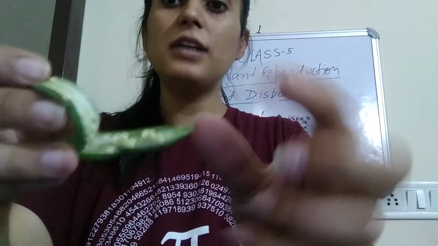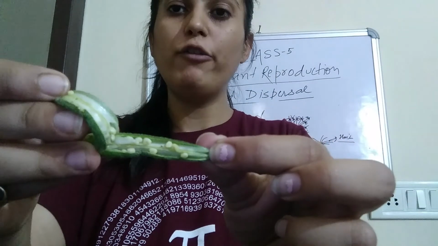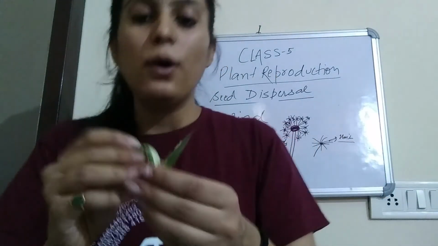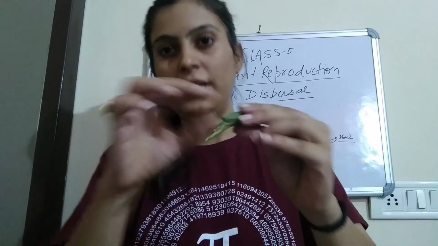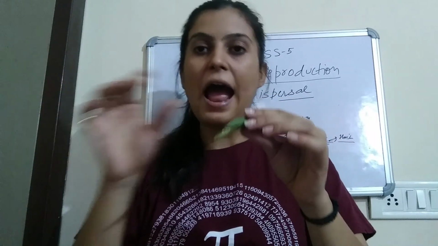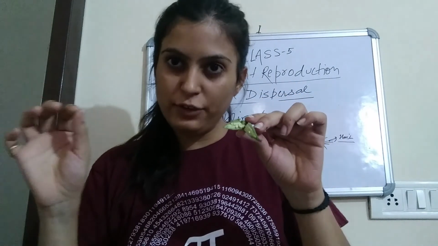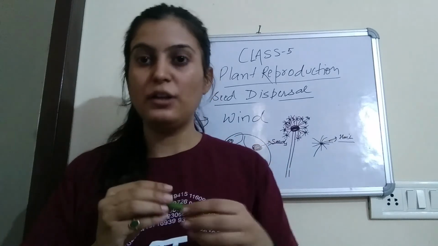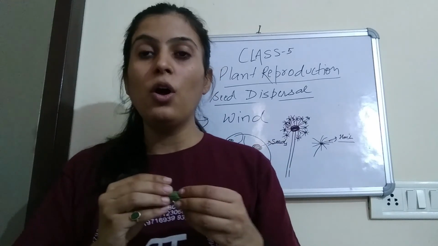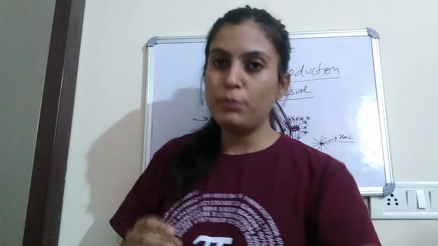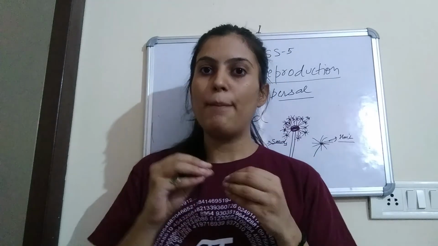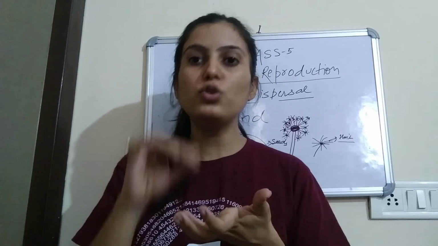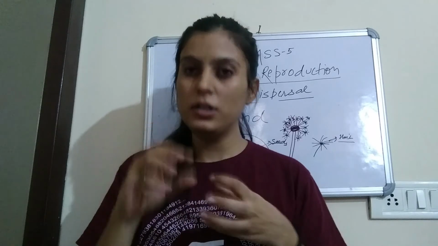This whole ladyfinger bursts open and seeds are forced to scatter at different places. This also happens in pea plant and chili plant, right? So dispersal by explosion happens because of the forced scattering of the seeds.